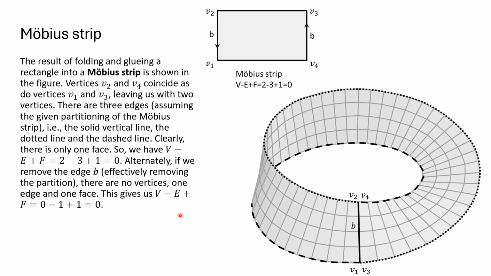And if you like, there's another way of viewing this. We could remove the partition here, B, and then the number of vertices would be 0 now if you remove the partitions, and the number of edges would just be 1. And again, if you remove all 3 of these edges, you just have the 1 remaining.